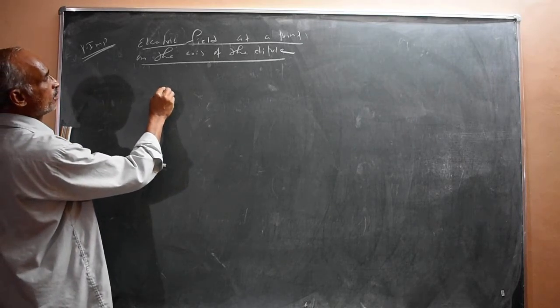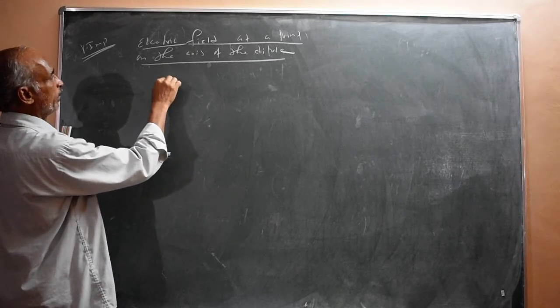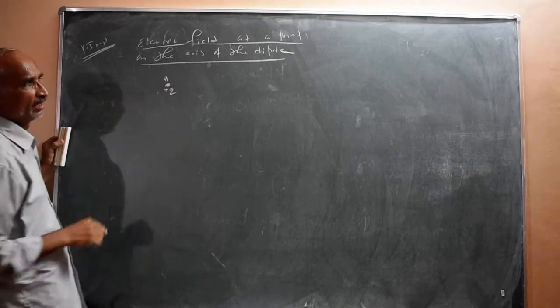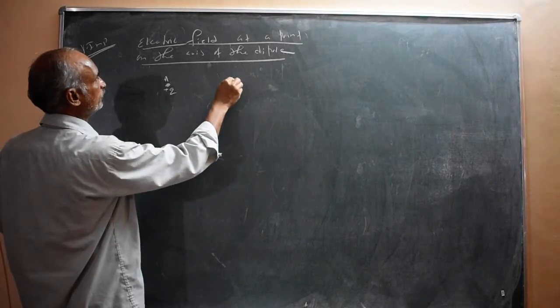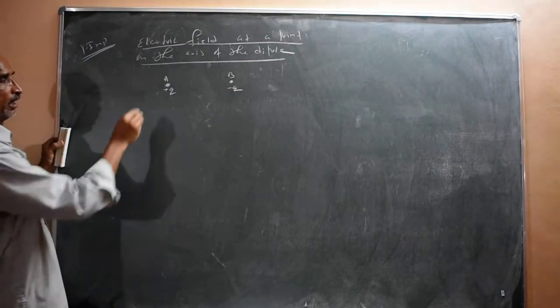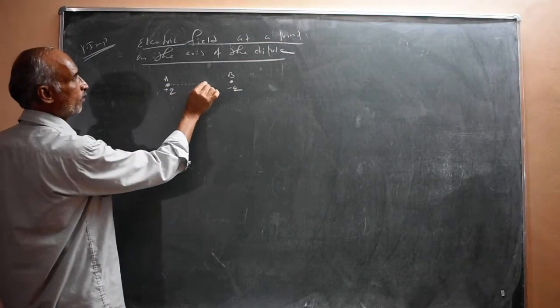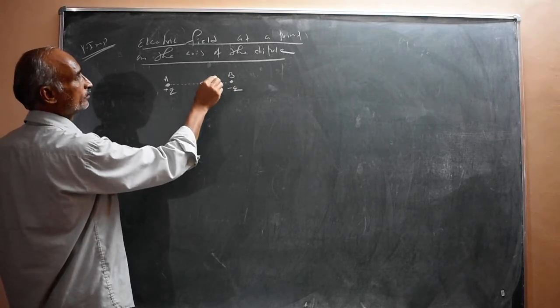Here is the charge plus q located at the point A, in the space, and here is the charge minus q located at the point B, and this is the axis of the dipole, and this is the dipole moment p bar.